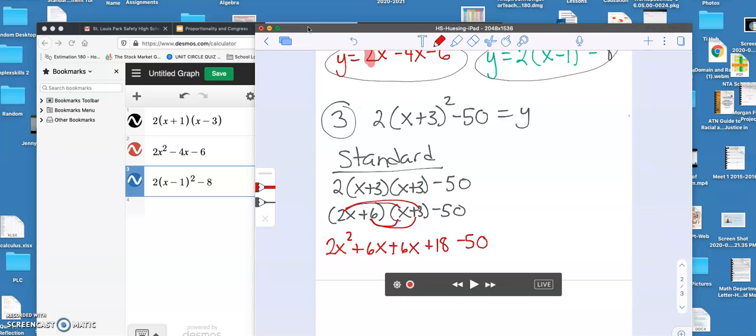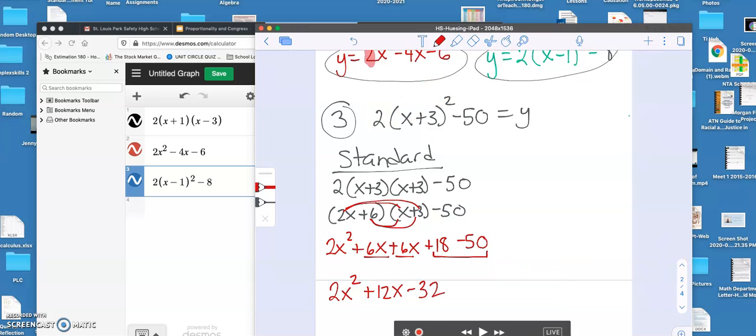So if we combine like terms here, we have 2x squared plus 12x, 18 and 50 is minus 32. Oh, and I'm sorry, this was in the way here, you couldn't see that. And then to put it into factored form, or excuse me, I always call it factored form, intercept form.